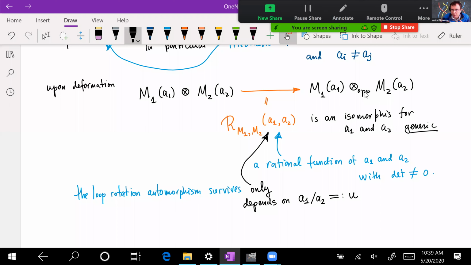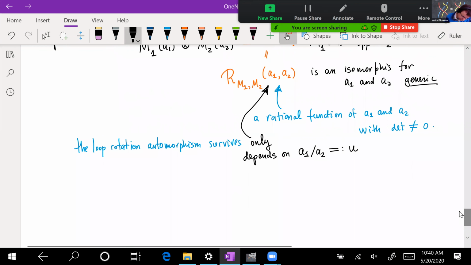I'm going to take the opposite road: I will first construct that structure, and then the rest of the quantum group comes from that R matrix. So our strategy would be to first construct this.